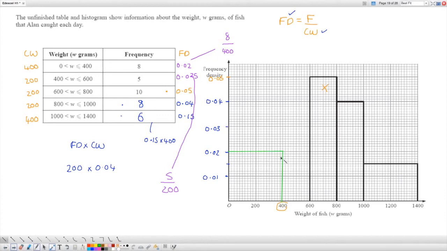And then here our next frequency density, which is slightly higher at 0.025, halfway along here, halfway down, 1, 2, 3, 4, 5. So coming across here, and then connecting here and here.